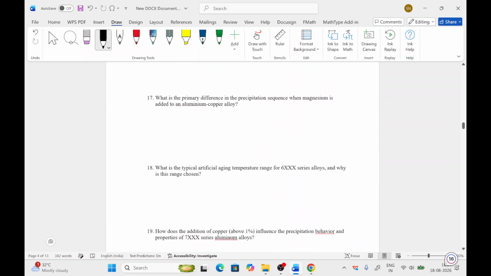Next question is, what is the primary difference in the precipitation sequence when magnesium is added to an aluminum copper alloy?